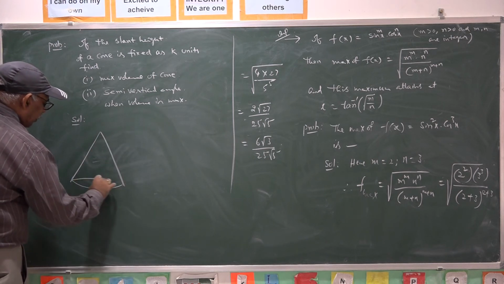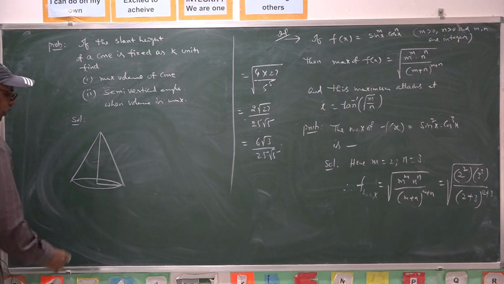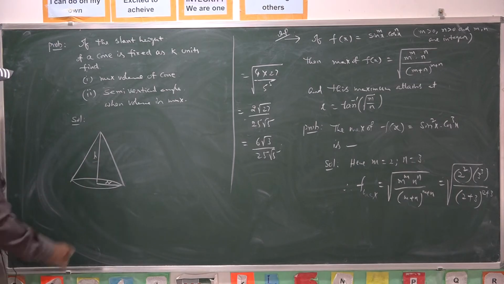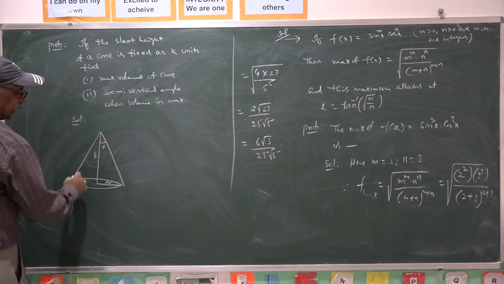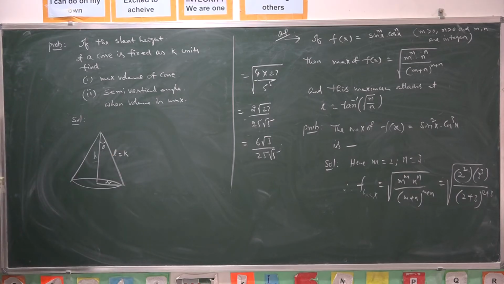This is our cone. Let R be the base radius, H the height, theta the semi-vertical angle, and L the slant height, which is K, a constant, fixed.